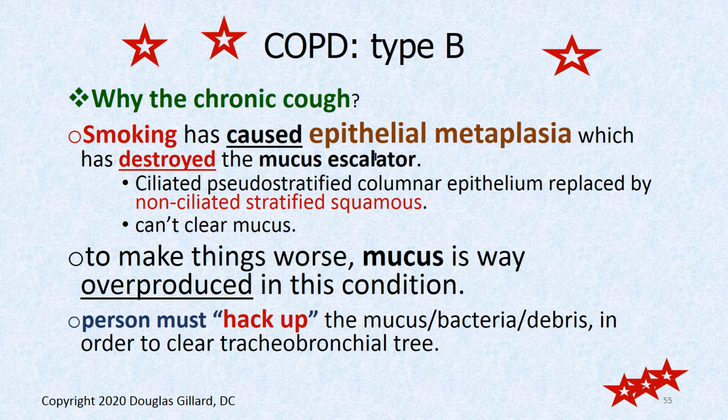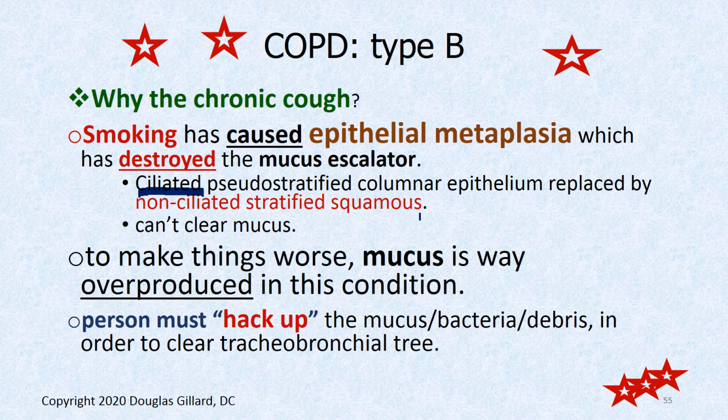They have lost their mucociliary escalator because the chronic smoke has destroyed the ciliated pseudostratified columnar epithelium. The cilia are the mucociliary or mucus escalator, right? It's gone. It's been replaced by stratified squamous, which is tougher.